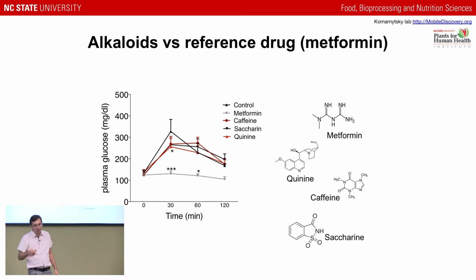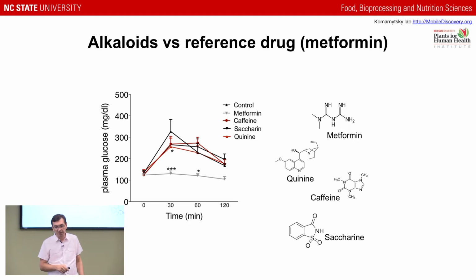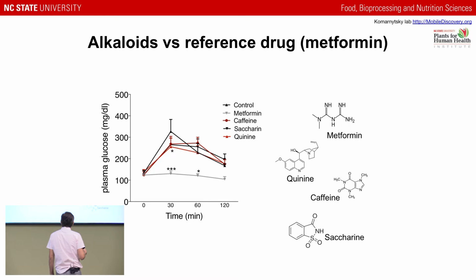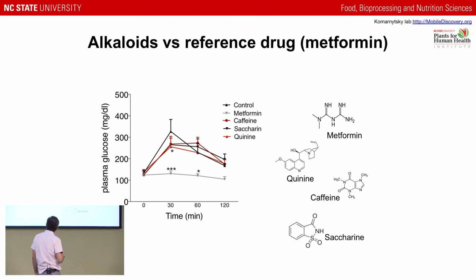Those who have diabetes or know somebody who has diabetes most likely at some point used that drug. But then look, caffeine. So these are 3 different alkaloids, caffeine, saccharin, and quinine. They all reduce the glucose peak, and they reduce the absorption.